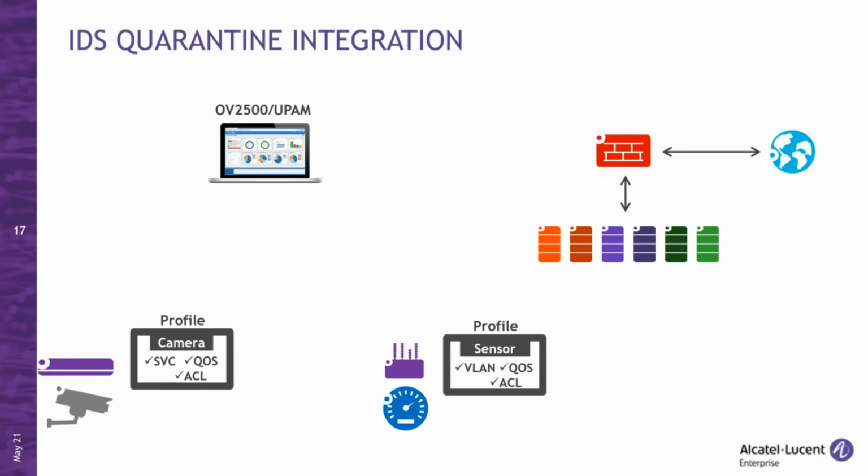There's another kind of integration which we can do and is part of the continuous monitoring, logging, and quarantine that I talked about before. In fact, there's a range of distributed denial of service attacks that can be identified directly by the switch itself. But an external IDS can also detect a broader range of attacks such as viruses or other anomalies.